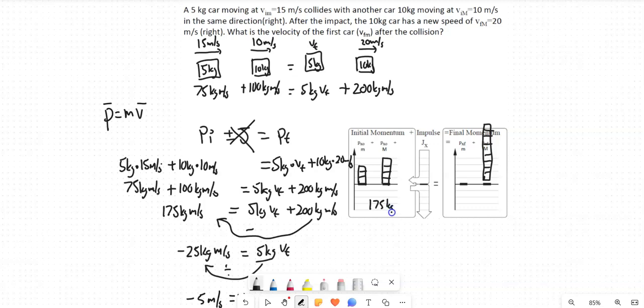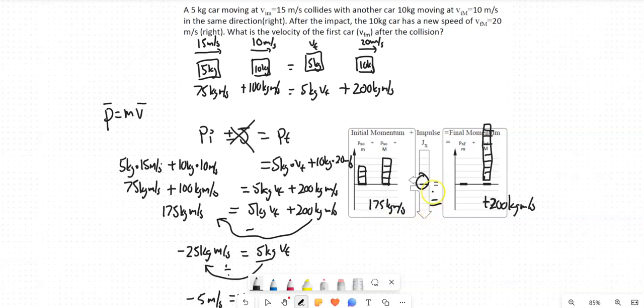So this is altogether 175 kilogram meter per second. This is 0. And that's going to be equal to positive 200 kilogram meter per second. And this is 5 kilograms V final. Well, how do you get 200 to be equal to 75? What do we have to do to this block for 200 to be equal to 75?